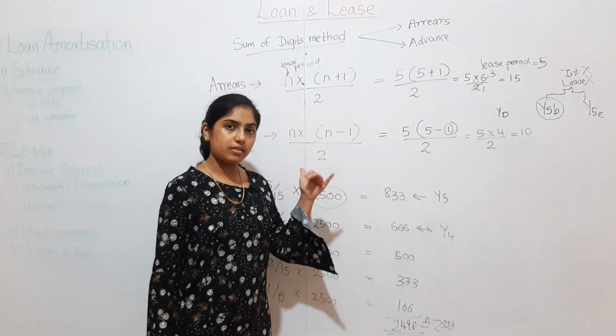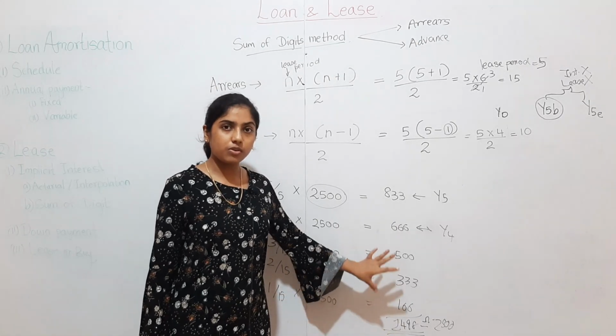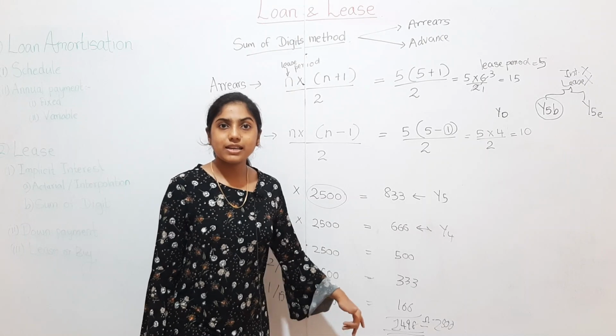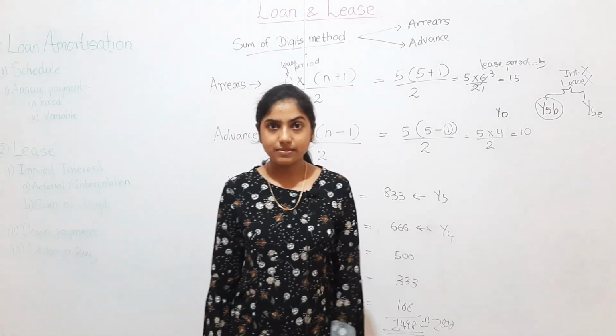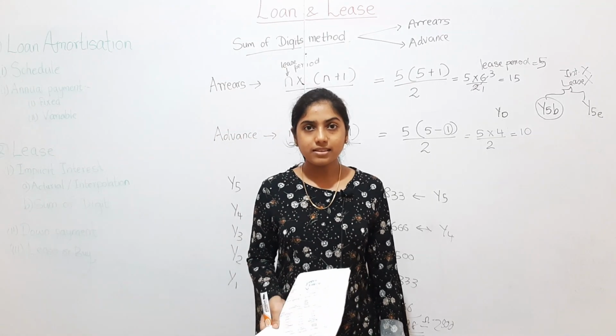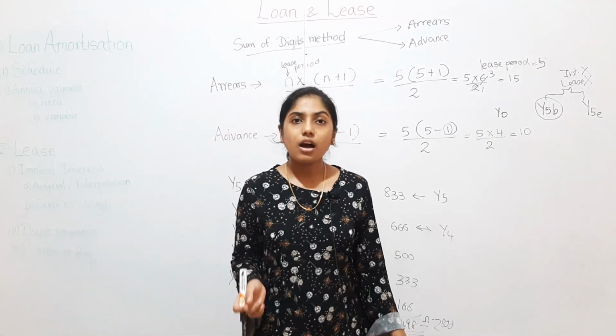Mathematically, the total of all the implicit interests will be equal to the annual payment. With this we finish the sum of digits method.